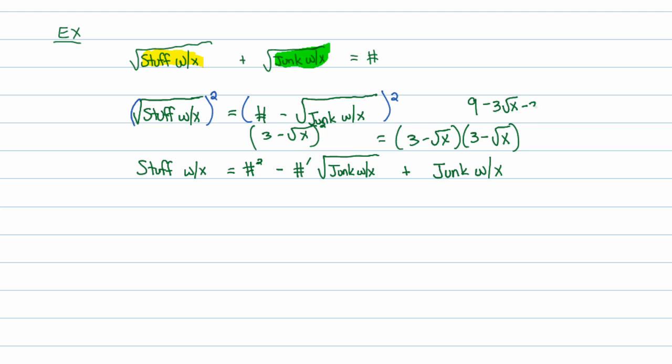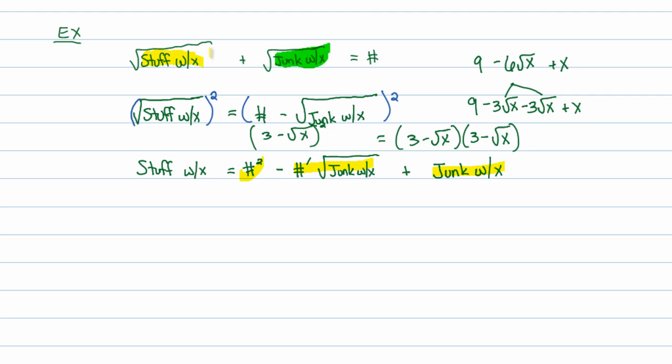Negative root x times 3 is another negative 3 root x. And then negative root x times a negative root x is a positive just x. These two terms will combine nicely, so you have 9 minus 6 root x plus x. Notice it's just this form right here: number, some number times the square root, and then the junk with x as well.